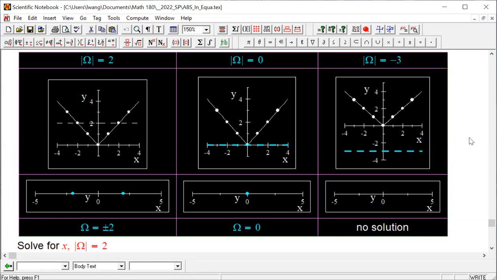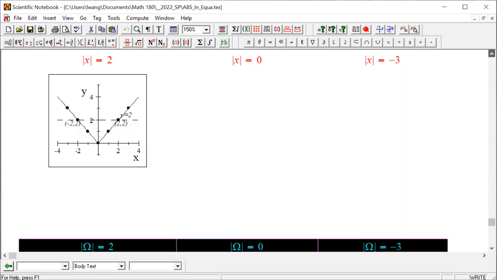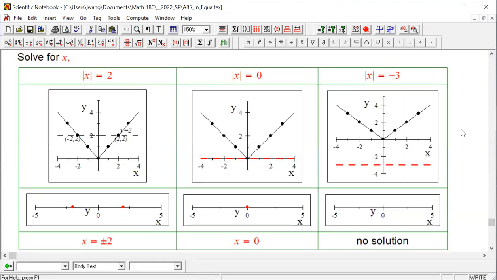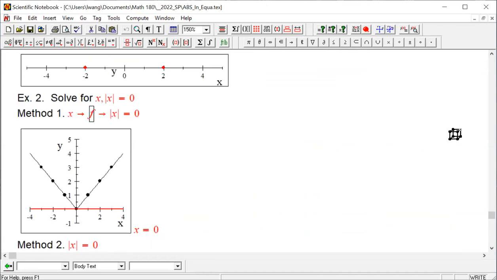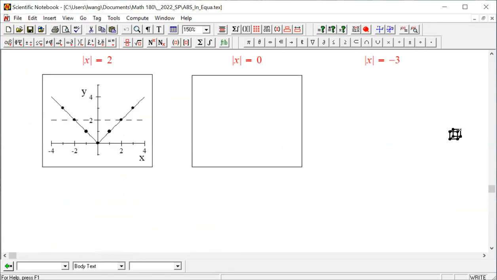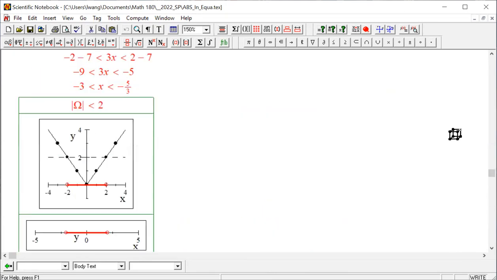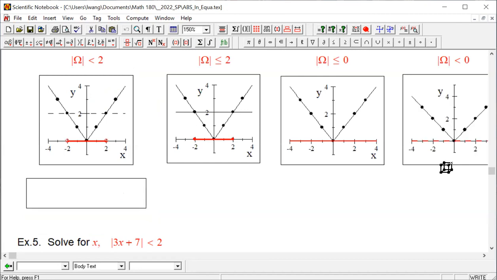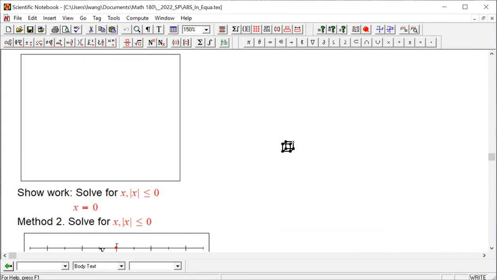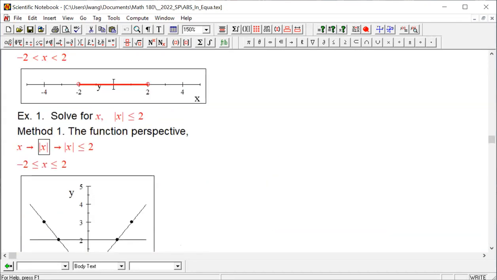So for solving absolute value equations, we have these three cases in general. I think that's all for this lesson on solving absolute value equations. We have lessons on solving absolute value inequalities, but that's going to be another lesson. So thank you for watching.